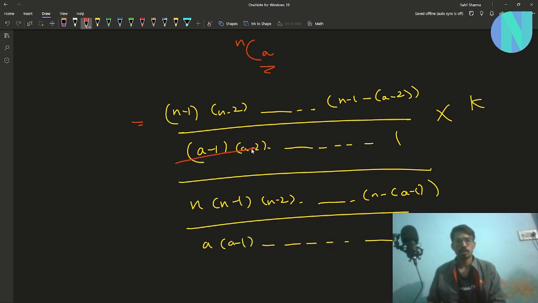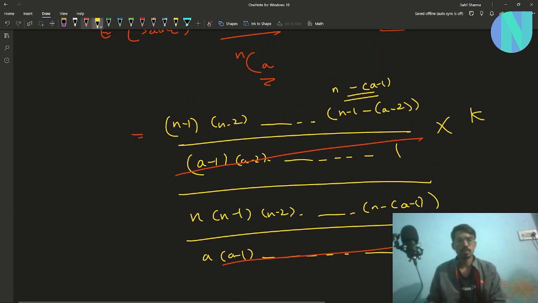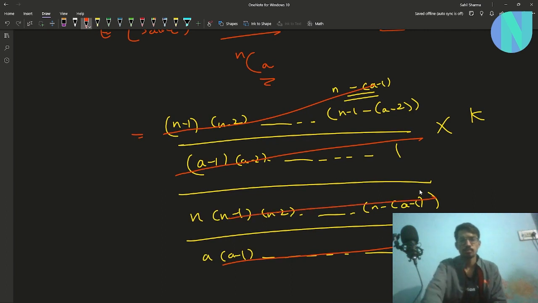These two cancel out. I can cancel this stuff out and I can cancel this stuff out, and if I shift this one to the inside, this becomes a plus 1, right? So this can just be written as n minus a minus 1, I think, right? So I can cancel this entire term out as well. I can cancel this and I can cancel this.